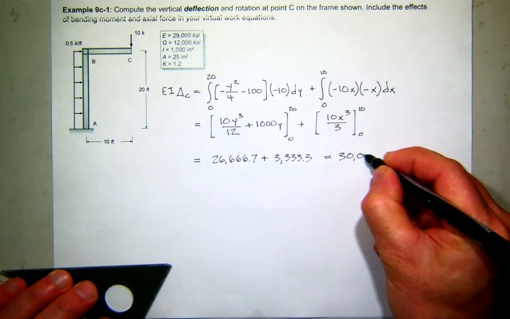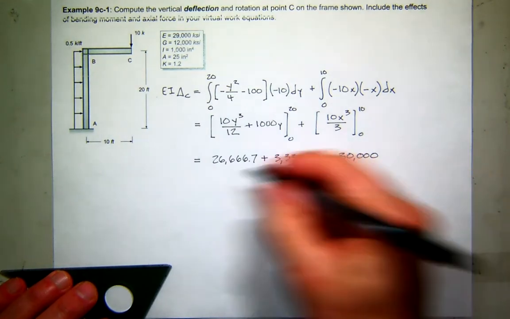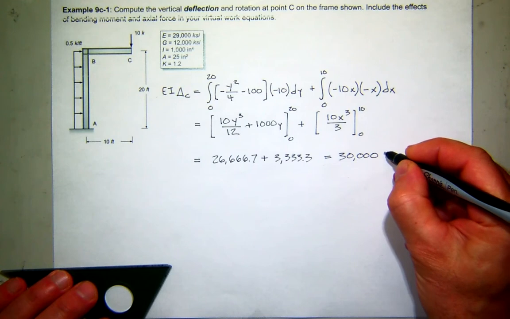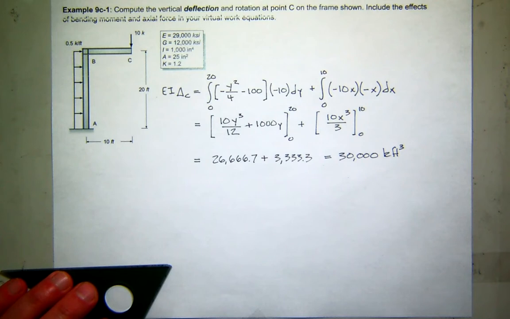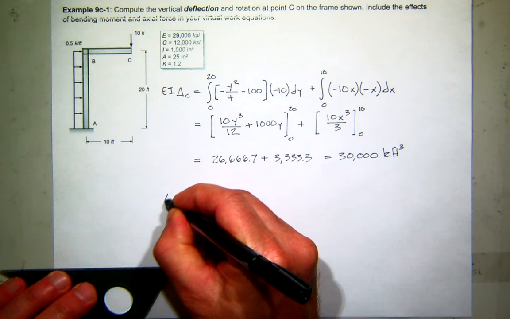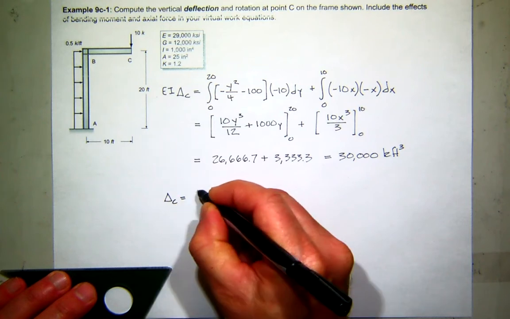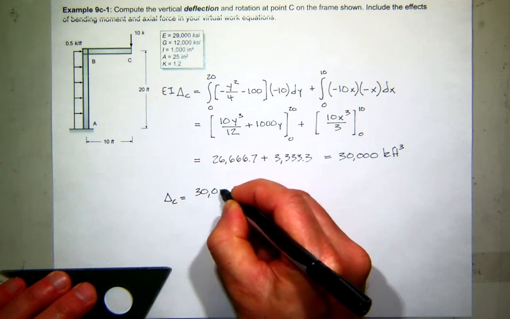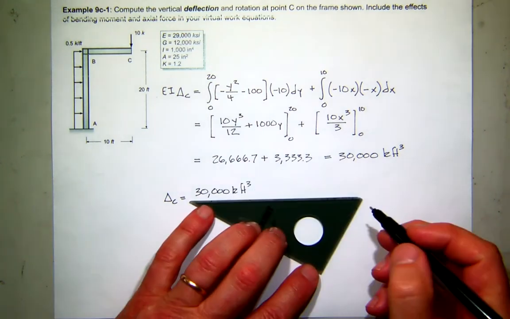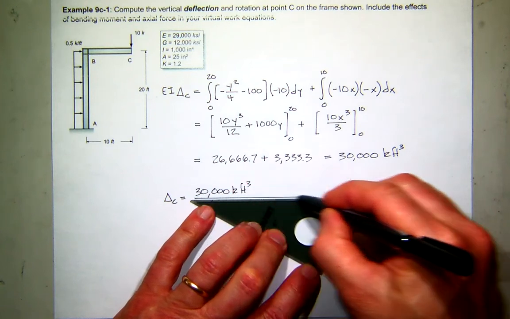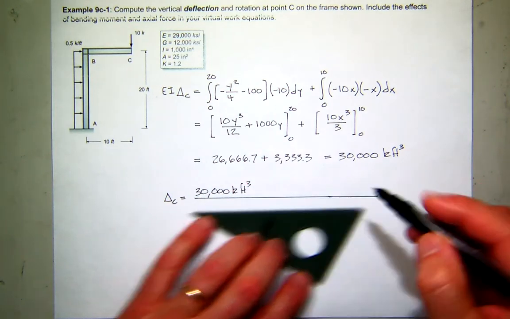That's very interesting. Oh, I left off the units, too. So this should be kip feet cubed. So now I need to divide by E and I, right? I did those. Okay. So now the numerical value will be 30,000 kip feet cubed, and now we have to divide by E and I and do some unit conversion.